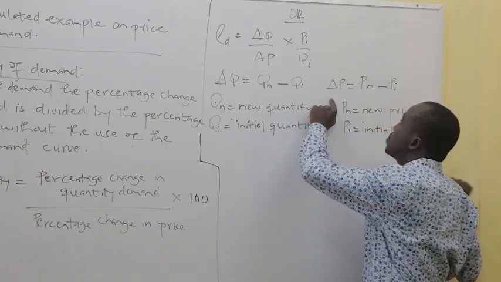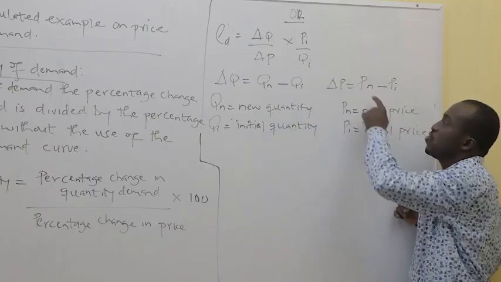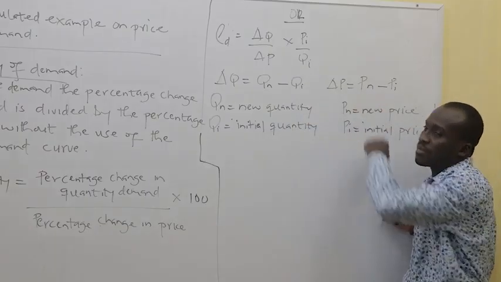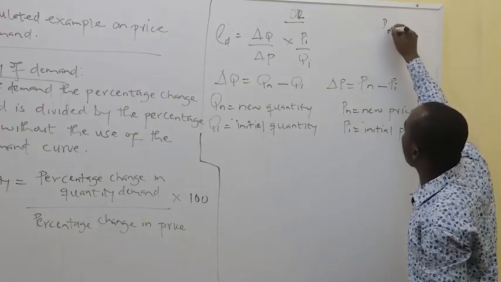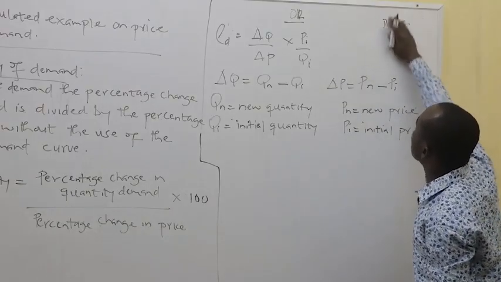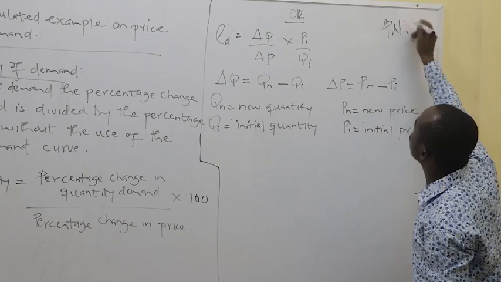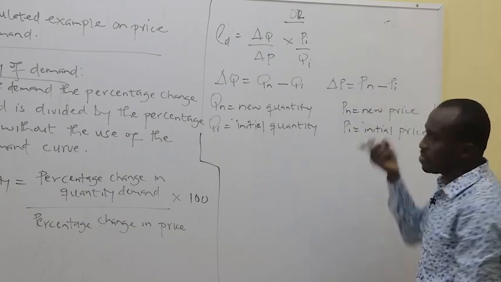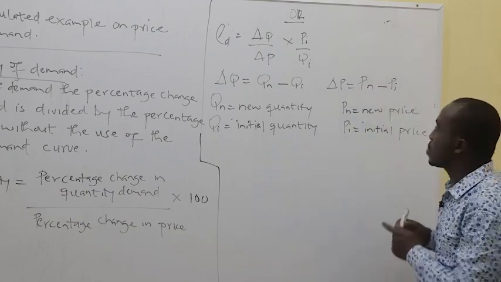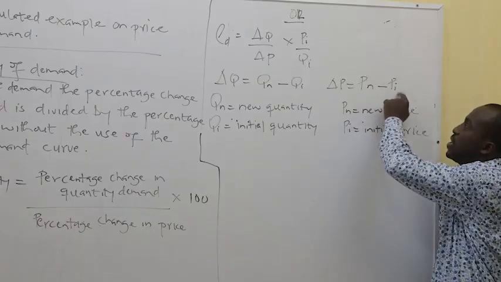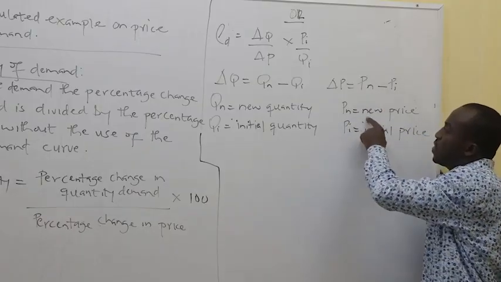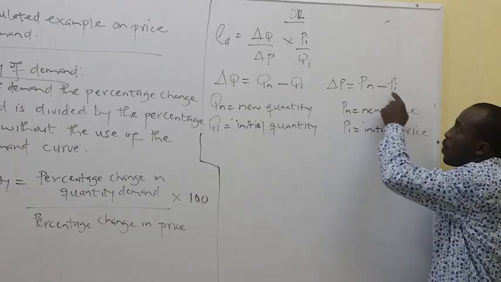What is the change in price? The change in price is the new price, PN, minus PI. They are subscripts, so don't write it as PN in full size. They are just small letters showing subscript. What is PN? PN is the new price. What is PI?